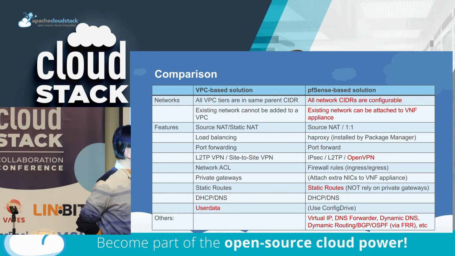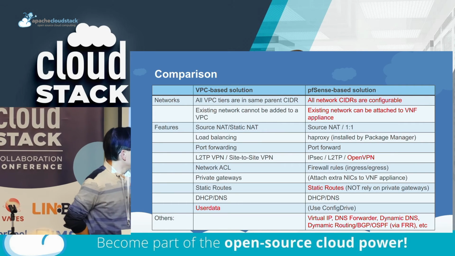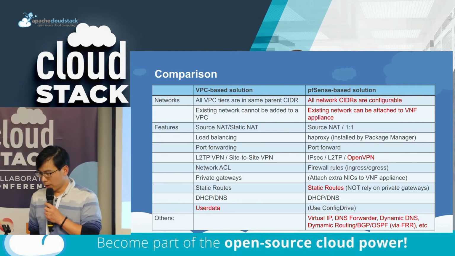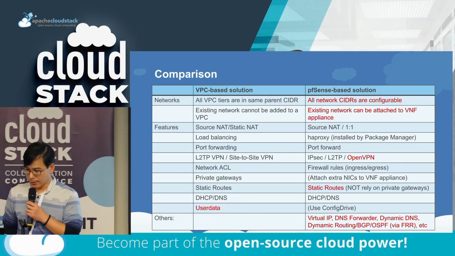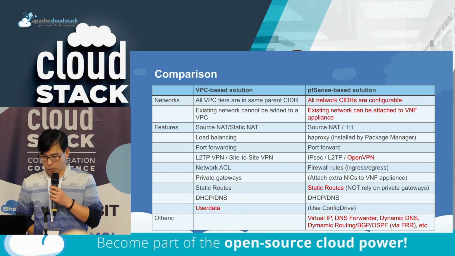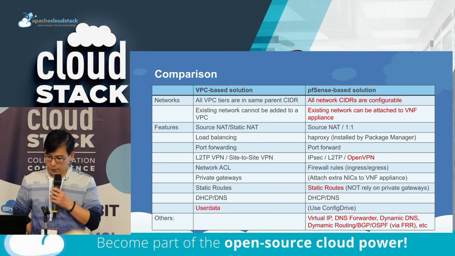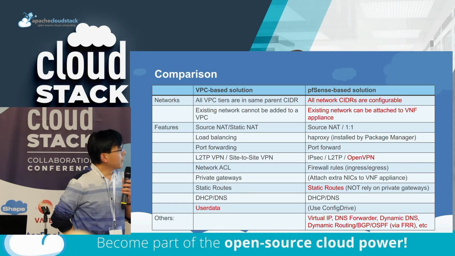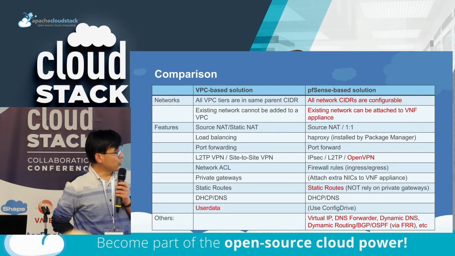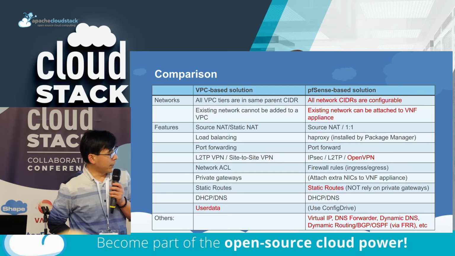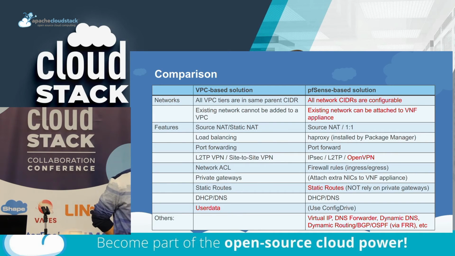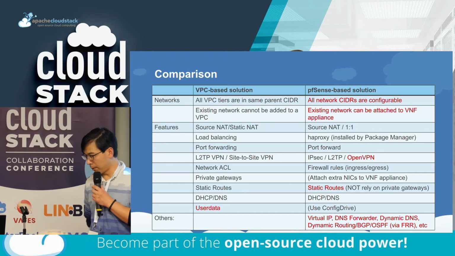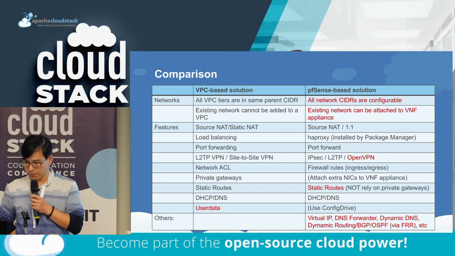And for the feature side, both solutions support source NAT, static NAT, load balancer, port forwarding, VPC firewall rules, VPN, static routes, DNS, and DHCP. And the pfSense-based solution can also configure OpenVPN, and the static routes support private gateways, so it is better than the VPC-based solution.